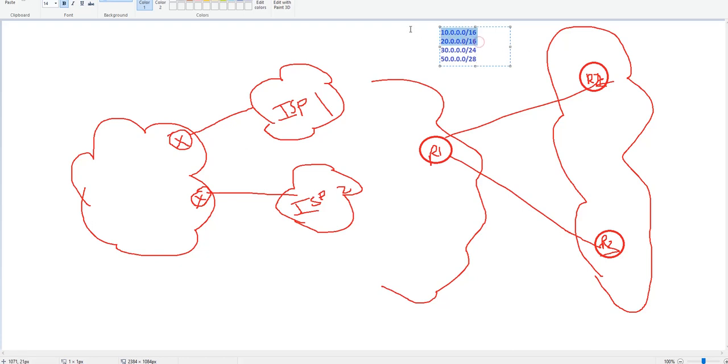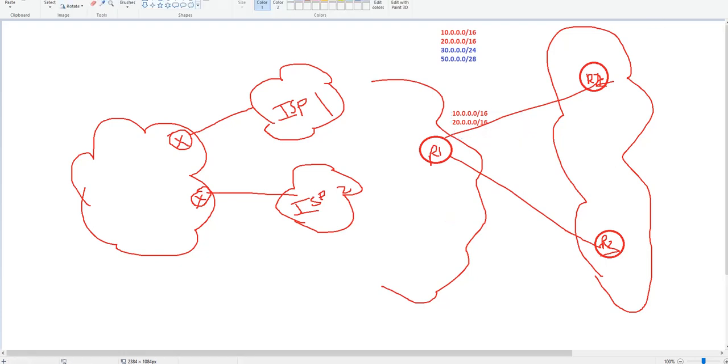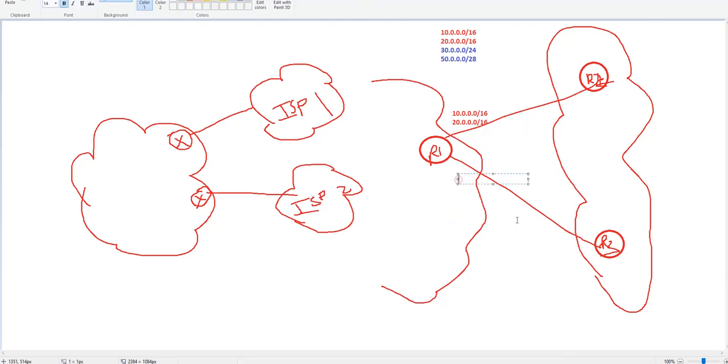For the networks marked in red, you can use the R1 to R2 connection, and for these two prefixes, 30.0.0.0/24 and 50.0.0.0/28, you can reach them over this link.